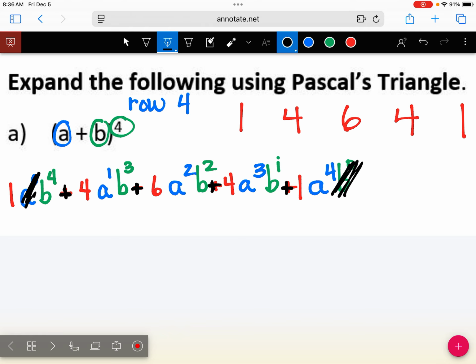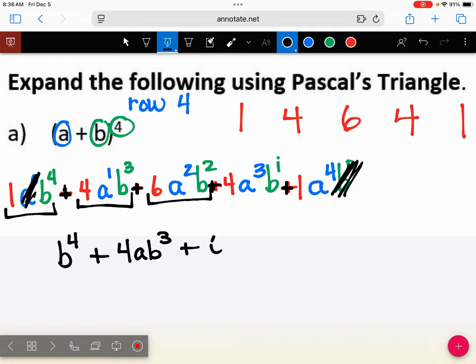So my final answer, when I multiply these together, 1 times b to the 4th, I just get b to the 4th. Plus, when I multiply these together, I get 4ab cubed. Plus, when I multiply these together, I get 6a squared b squared.